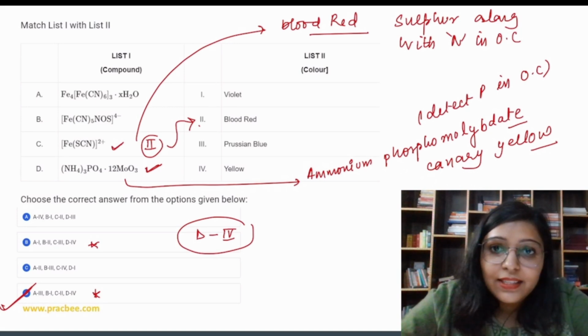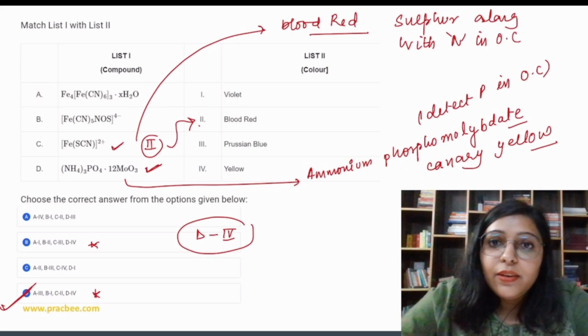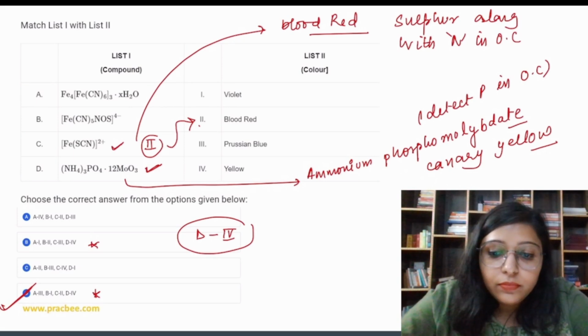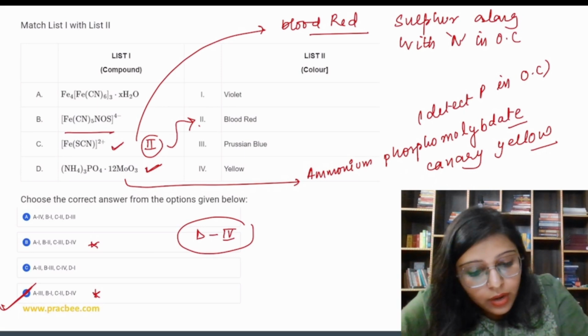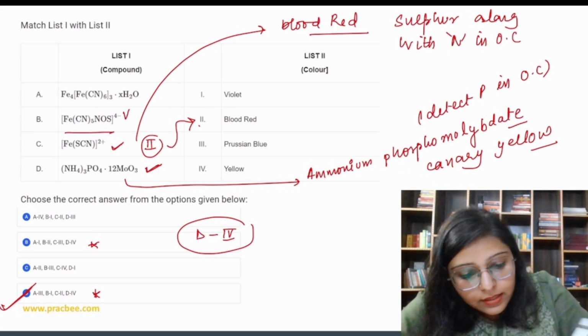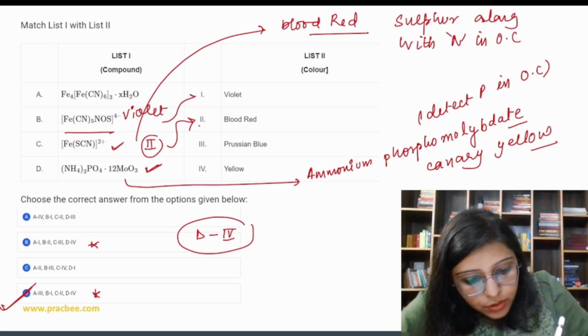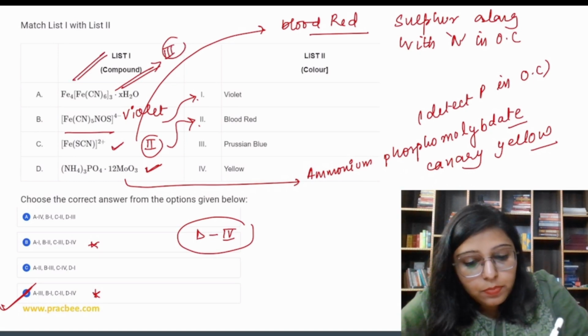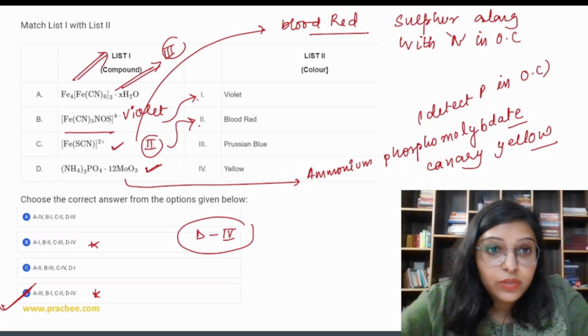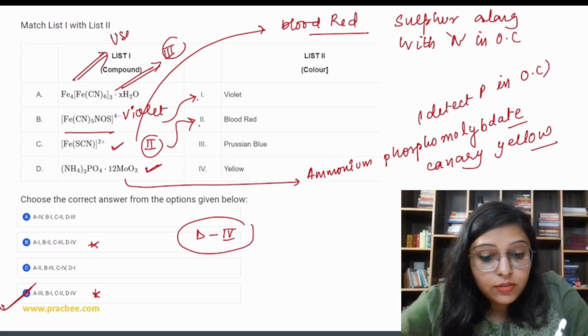But let's check the next thing. Next, FeCN5NOS, again violet color. So this B can be matched with option number 1, and this can be matched with option number 3. This is Prussian blue color, ferrocyanide, used to detect nitrogen.